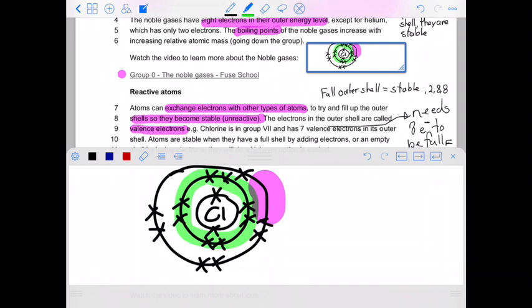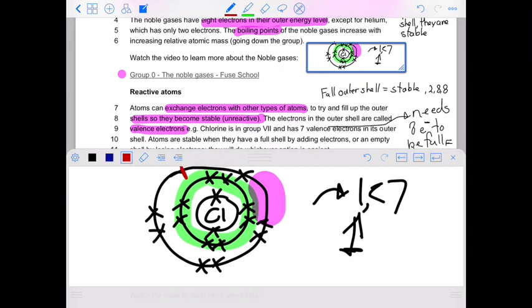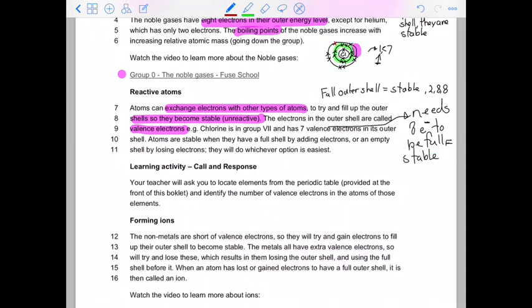Now we all know that 1 is a smaller number than 7, so it will try to gain that 1 electron. So it'll try to steal an electron from somewhere, so it has 8 electrons in its outer shell and becomes stable.